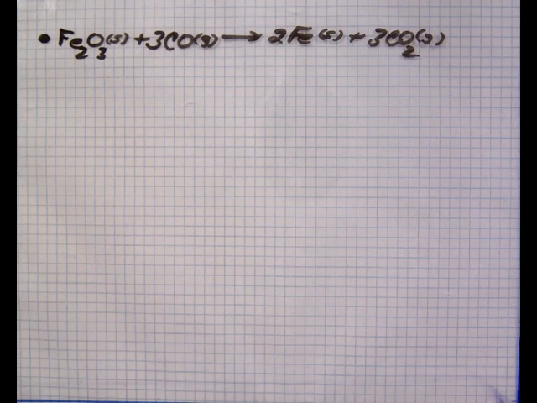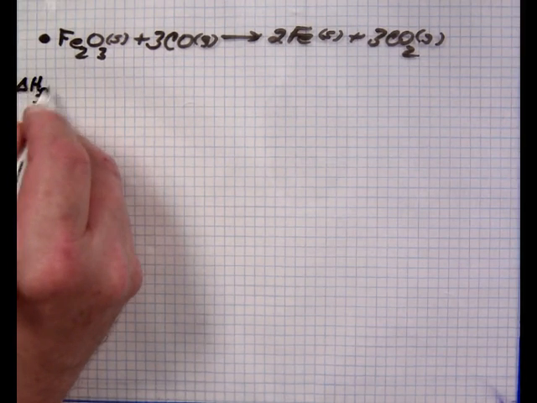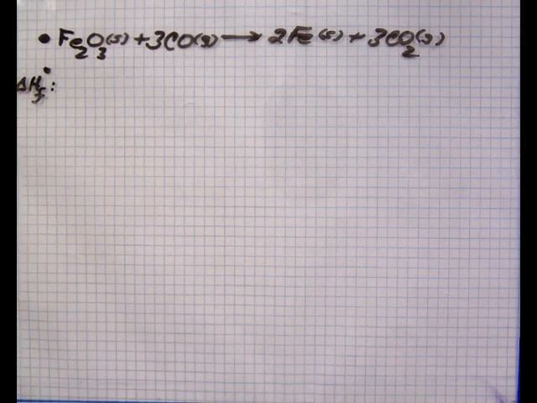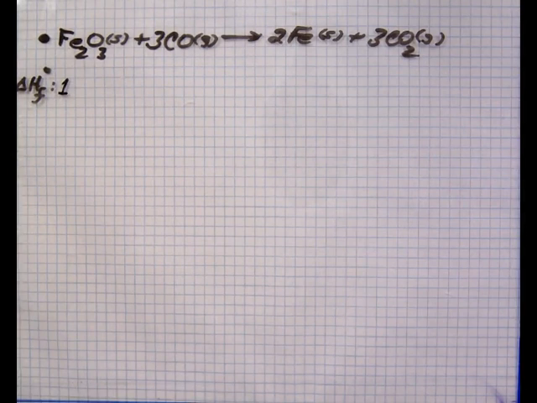of CO2. So now, if we want the heat of reaction on this thing, the delta H of reaction, we first have to look up the delta H's of formation and multiply each one by the coefficient. So we have a 1, and I don't put all the moles and stuff in.